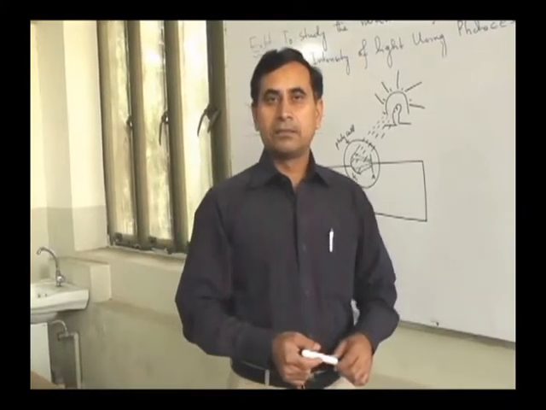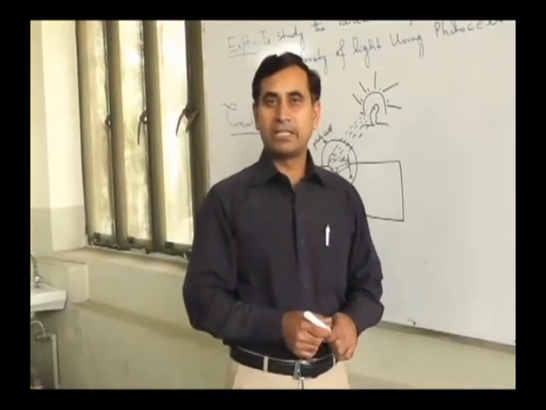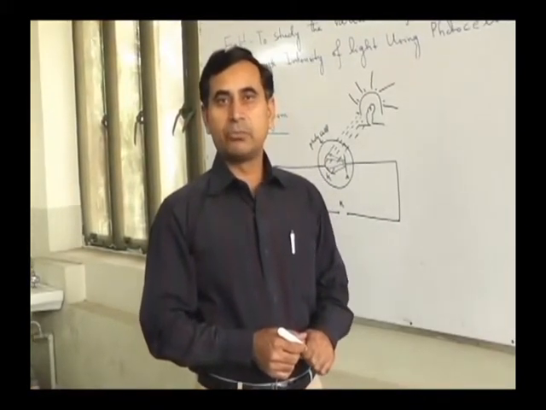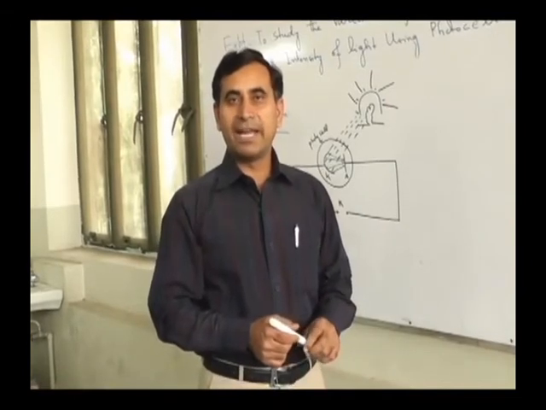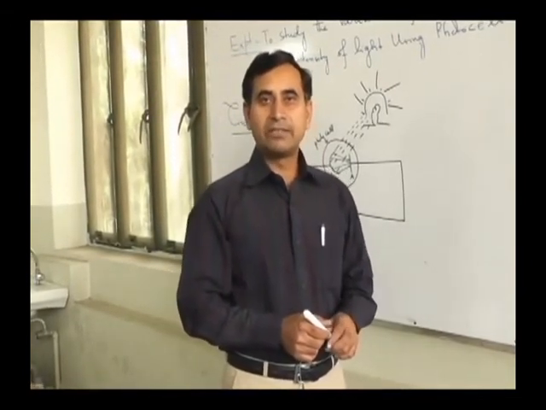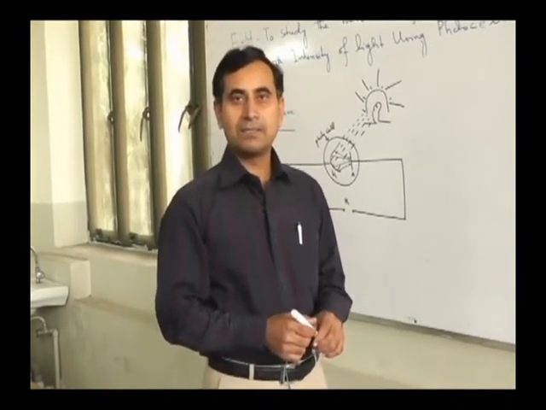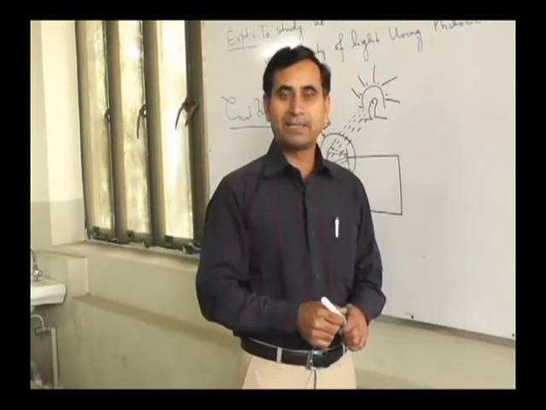After taking the readings, 6-7 sets of readings of electric current and the distance between the electric lamp and photocell, we will plot the graph between electric intensity and current by taking electric intensity along x-axis and current along y-axis.